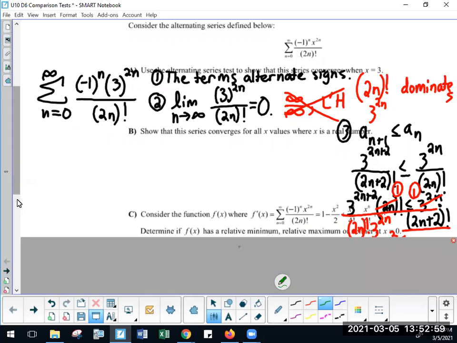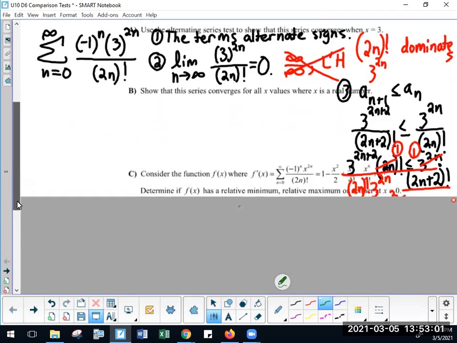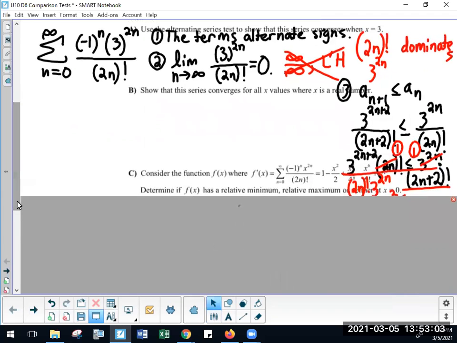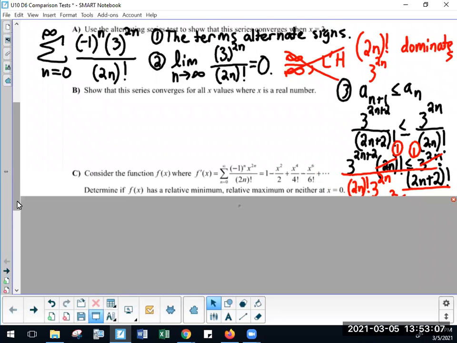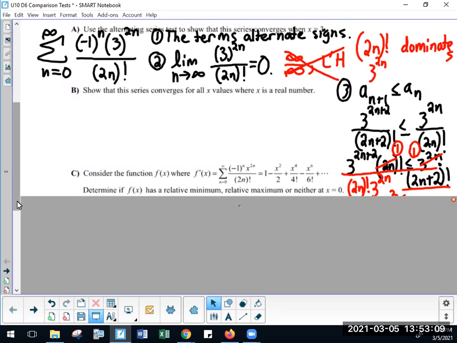Okay, part C. Consider the function f of x, where f prime of x is, hey, I remember that series. You guys remember that series? That's the series we've been talking about in part A. Okay. So first term, second term, third term, okay.